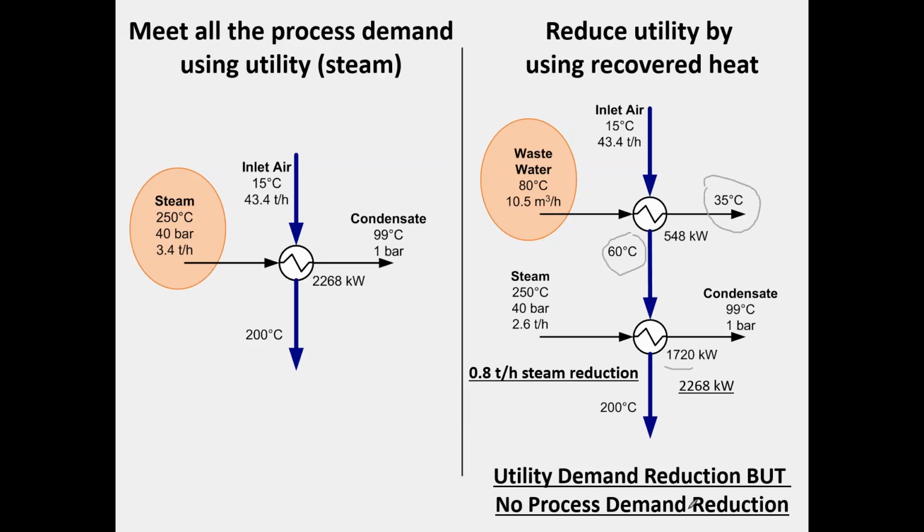So in this case we have a utility demand reduction, meaning the amount of steam that we've used has reduced, but there's no reduction in the process demand. We still supplied all of the 2,268 kilowatts to the air, and so there was no process demand reduction, there was only a utility demand reduction.